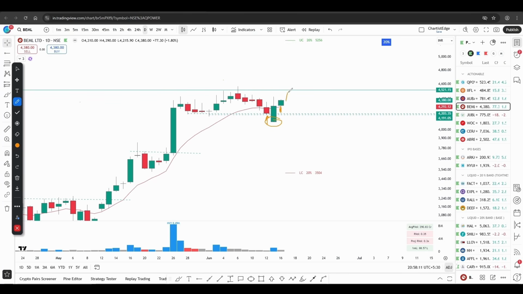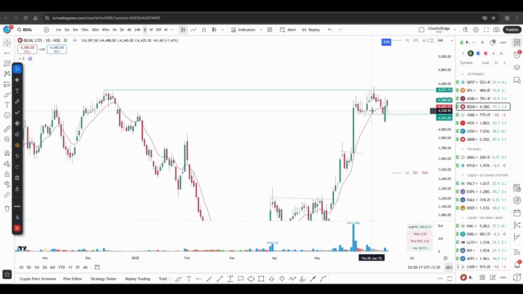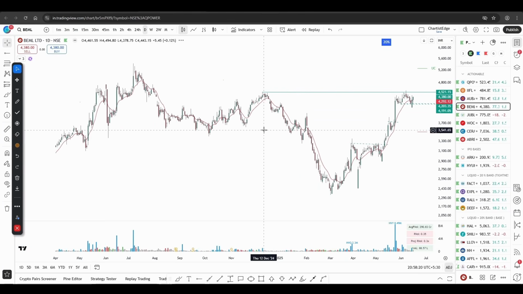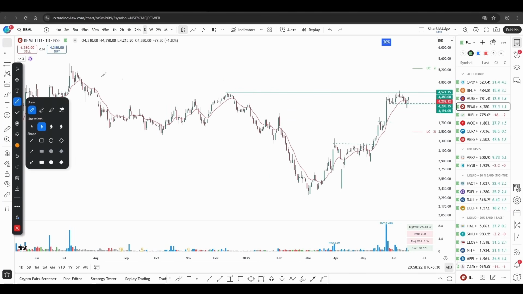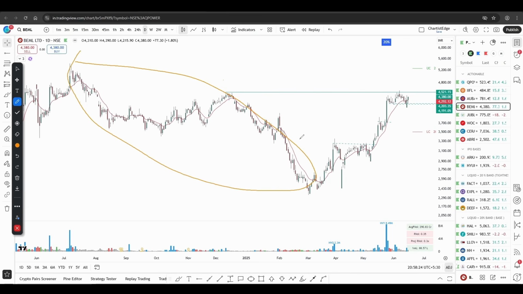Now if the price contracts and gives you a breakout, then we can look for an opportunity in this setup, because it meets all of the necessary criteria that we like to see in a good setup, which is the clean change of character from the left hand side to the right hand side, where the volumes are present, the price is above the 10 EMA, good breakouts and good follow through, good contraction, good breakout, a decent contraction.